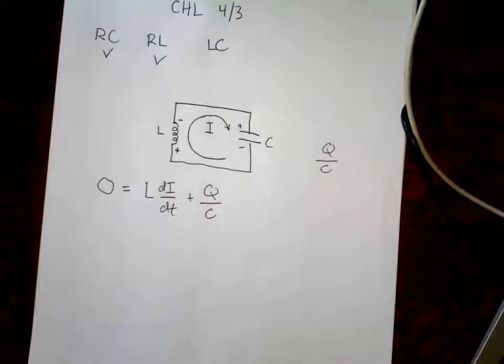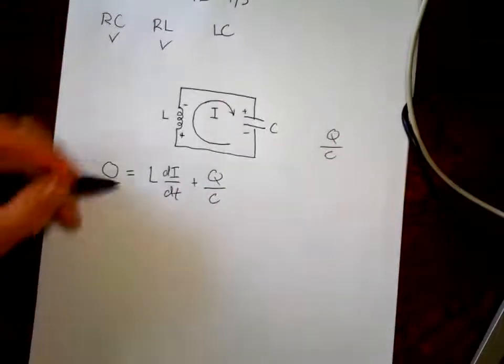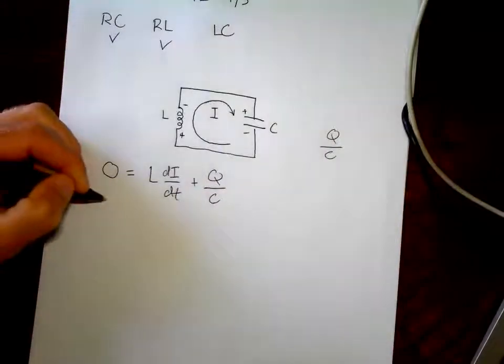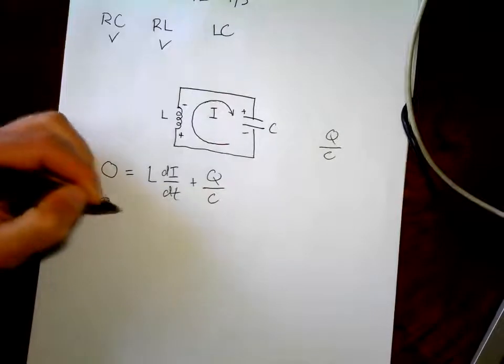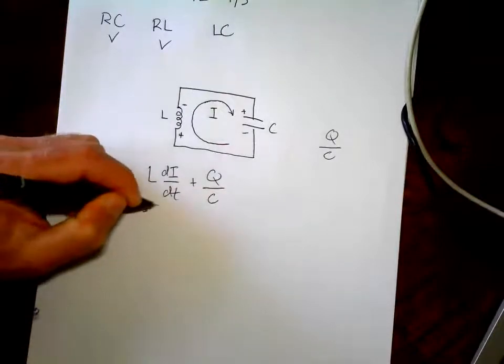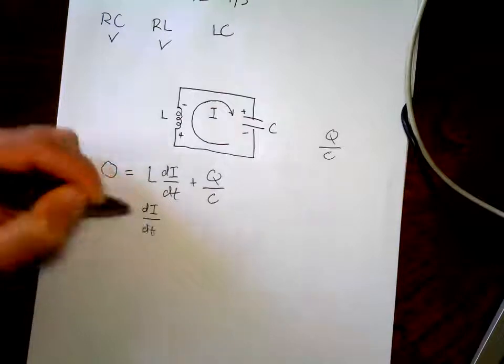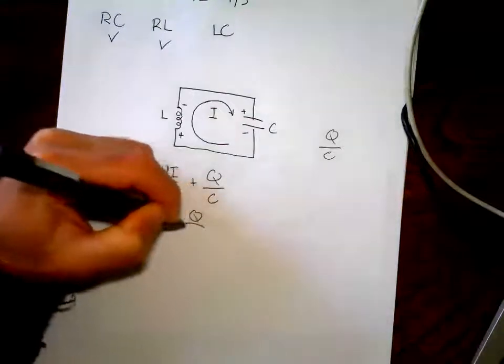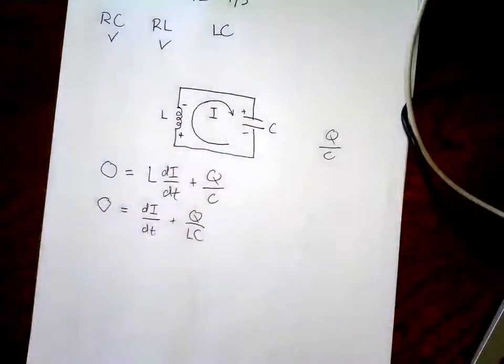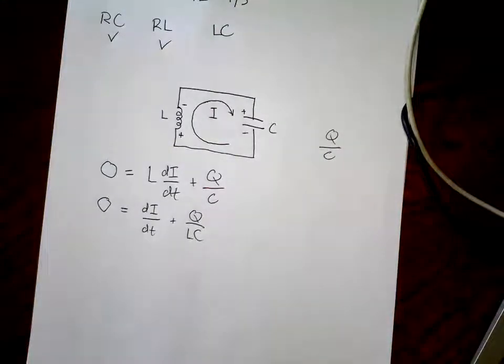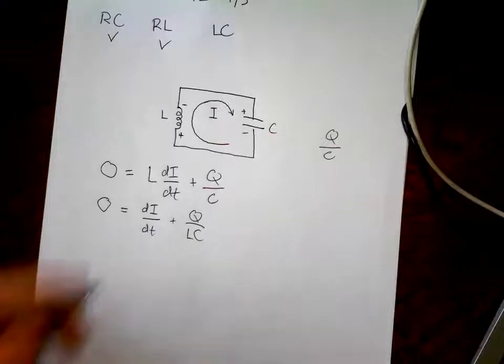I'm going to take both sides and divide by L. So I have 0 equals di/dt plus Q over LC. Then I'm going to take the derivative of this equation.